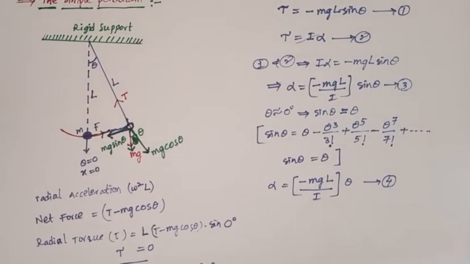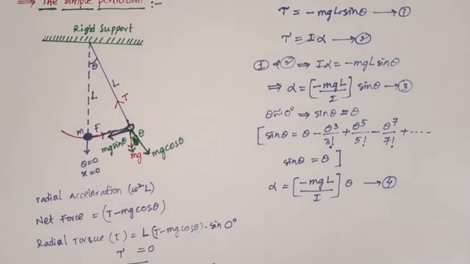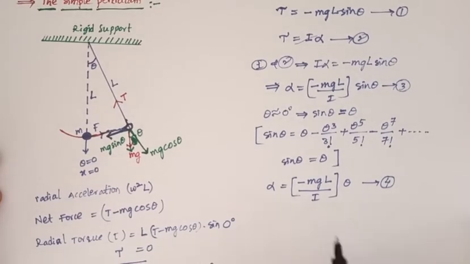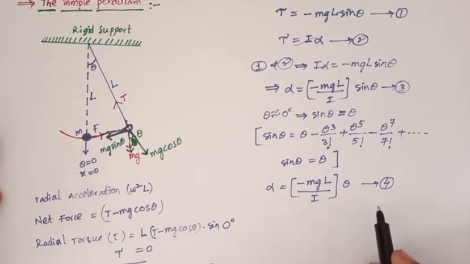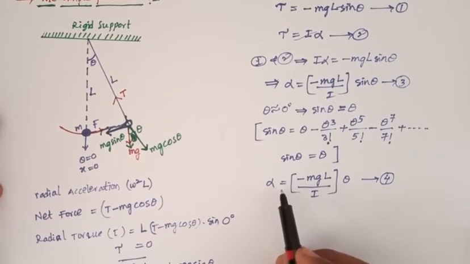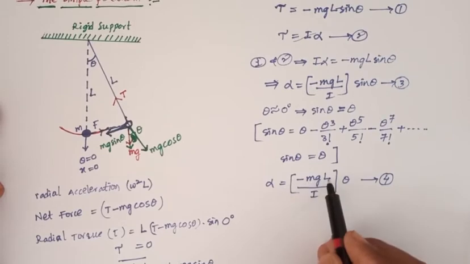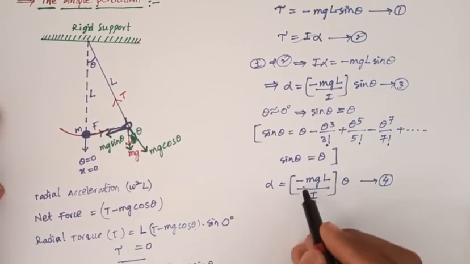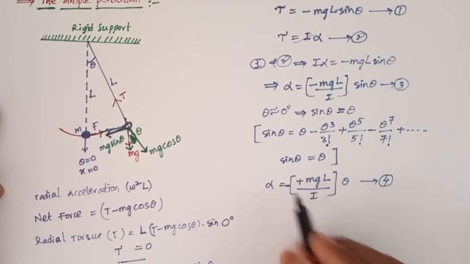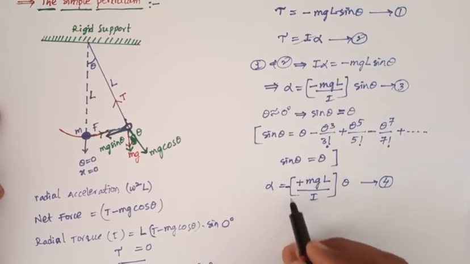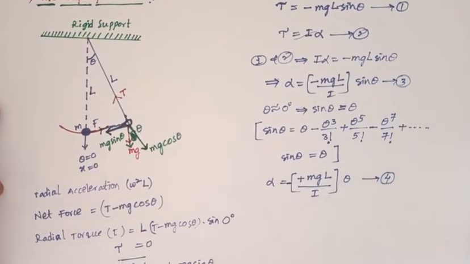In equation number 4, the term minus mgl by I is a constant, and it is taken with a negative sign. Alpha equals minus mgl by I theta.